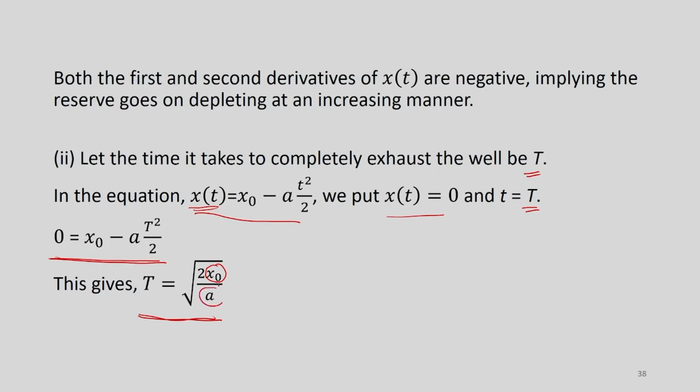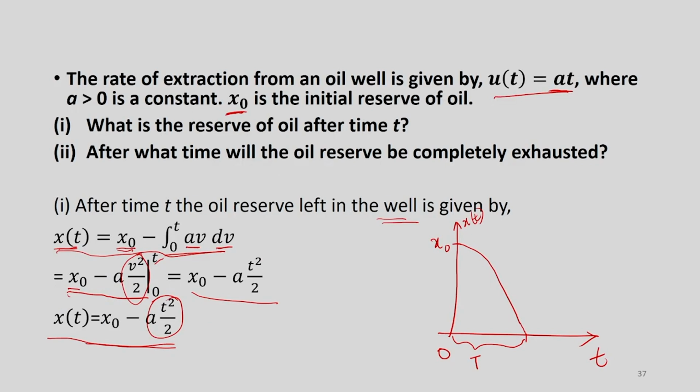As small a rises, which is coming in the denominator, capital T actually declines. Well, what is the intuition for that? Small a is an indicator of how fast the extraction is taking place per unit of time.